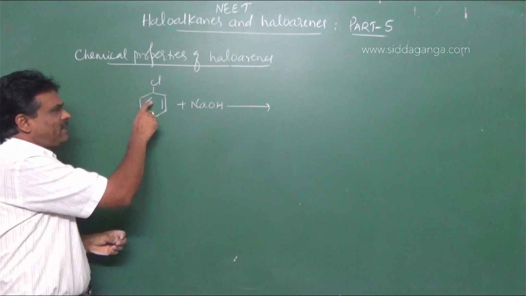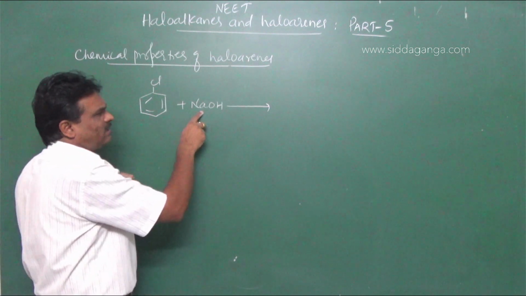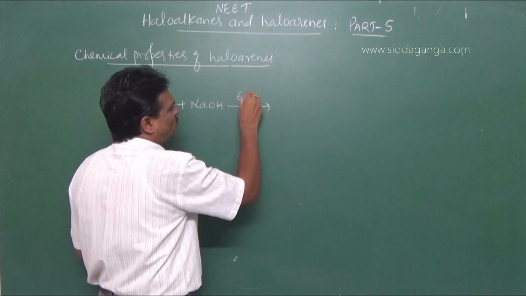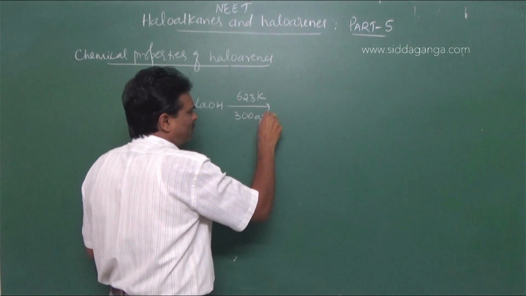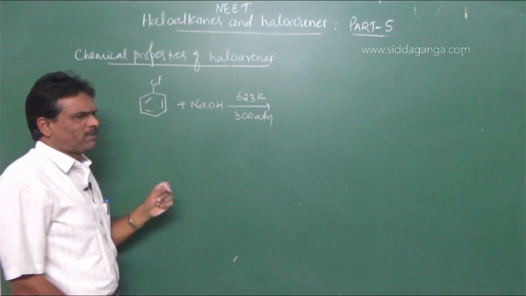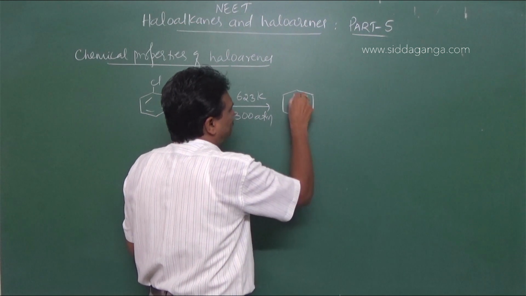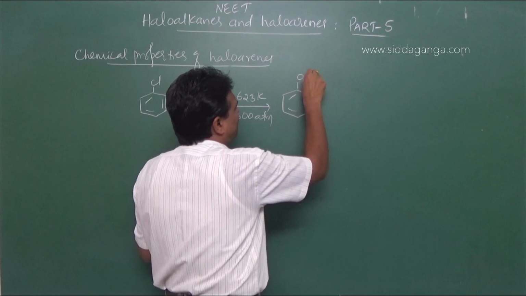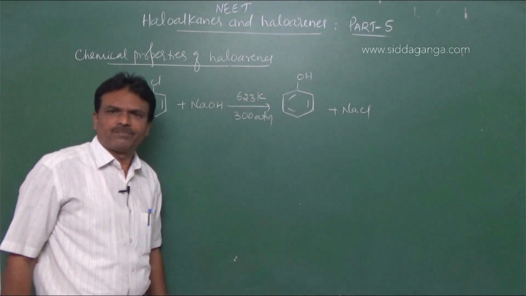Hence the reaction of haloarenes with NaOH is carried out at very high temperature, 623 Kelvin, under a pressure of 300 atmospheres. The chlorine atom of chlorobenzene is replaced by the OH group to form phenol. But this reaction is not observed at normal temperature.